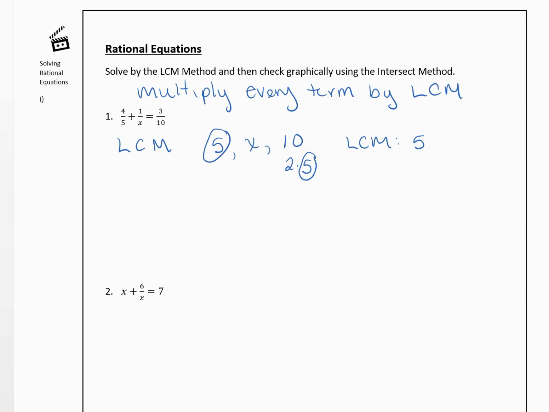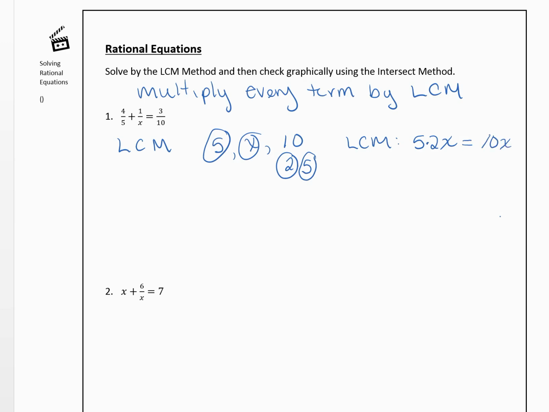We know we're going to need an x, and then we know we're going to need a 2. We don't need to do the 5 twice just because we have two 5s. We just need the highest power, and since these are both 5 to the first, we can take 5 to the first. So our least common multiple here will be 5 times 2 times x, or 10x.